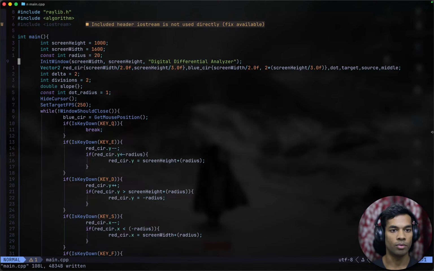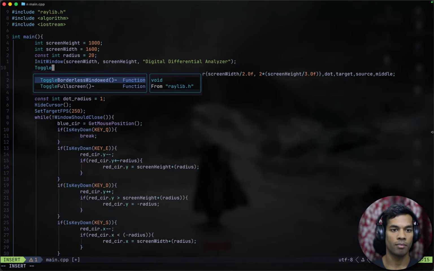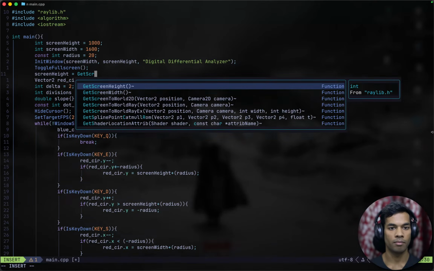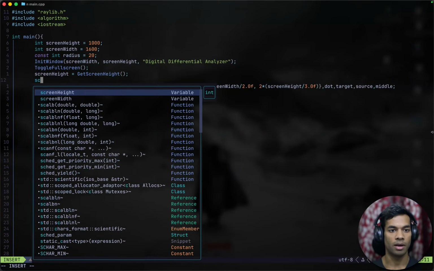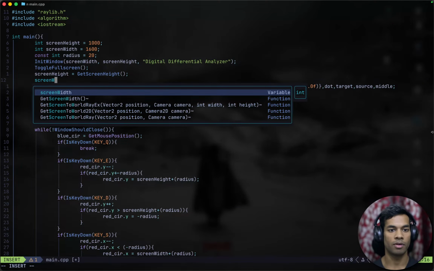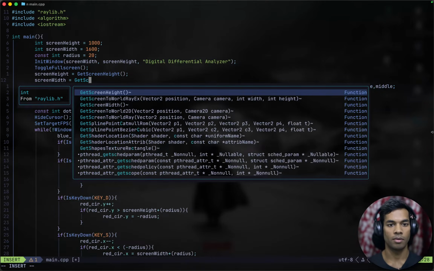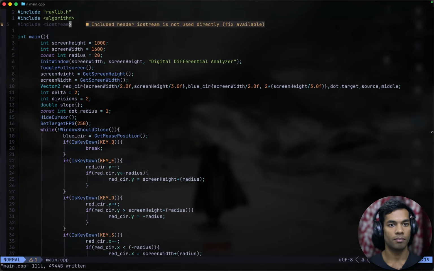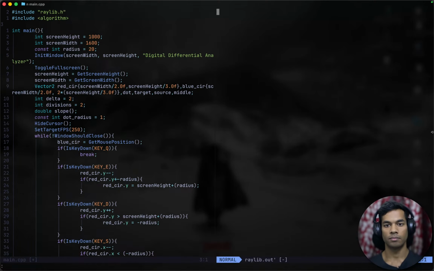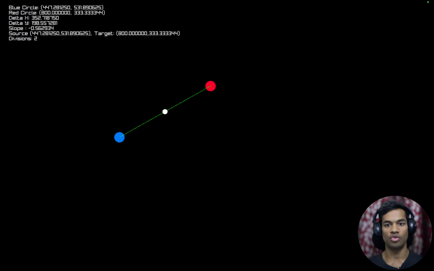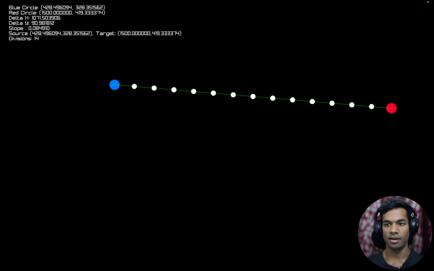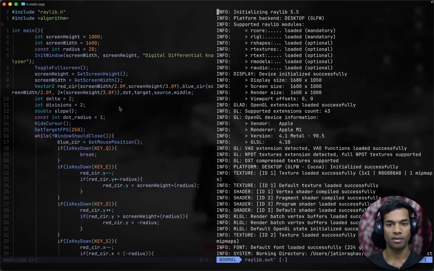After this, we will do init window and toggle full screen, and then screen height equals get screen height and screen width equals get screen width. Okay, that does work. And yes, we are full screen, and I don't know how to make this like a small screen.